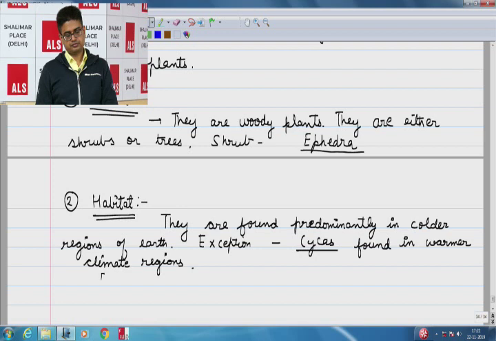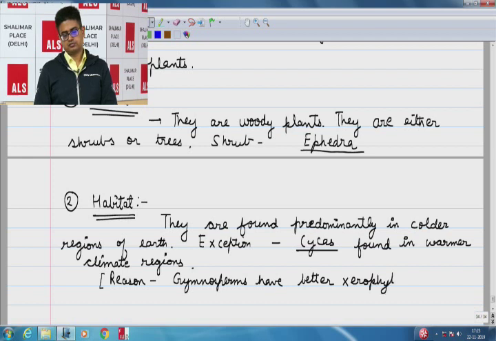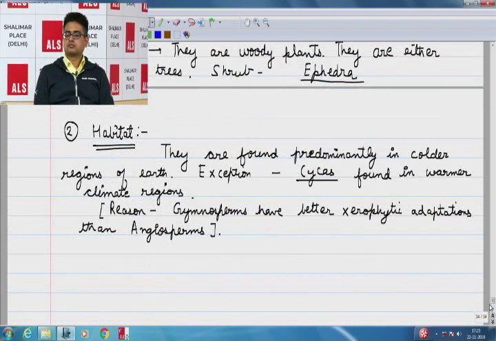The reason is gymnosperms have better xerophytic adaptations than angiosperms. So, habitat.